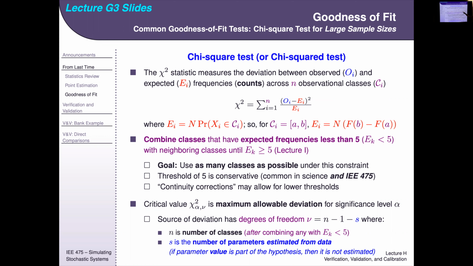Once you've done all of that, there may be some bins with an expected count less than 5. We'll talk about why next time, but you cannot do a chi-squared test if one of the expected bins has less than 5 in it. This doesn't meet the assumptions of the math underlying the chi-squared test. So you have to combine bins.